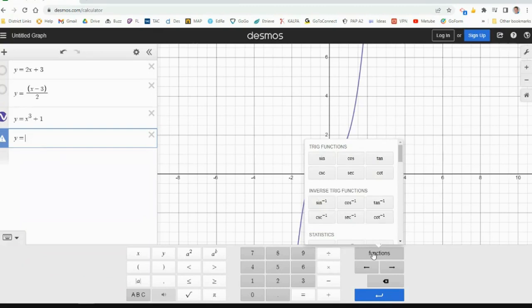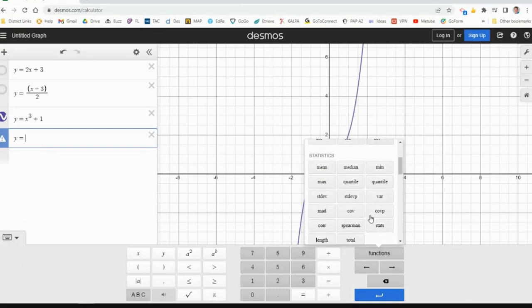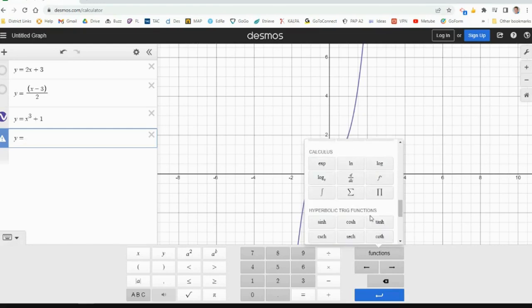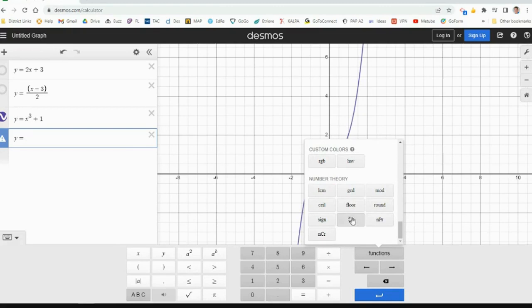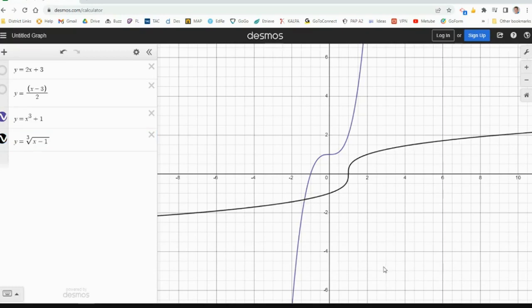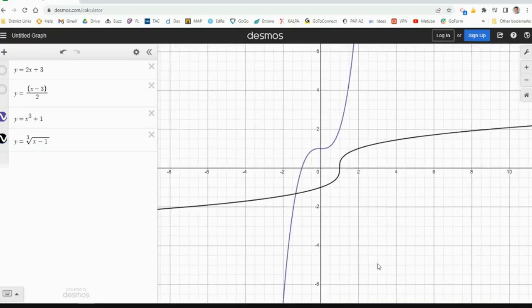Do I have cube root in here somewhere? Oh, there it is. The cube root of x minus 1.